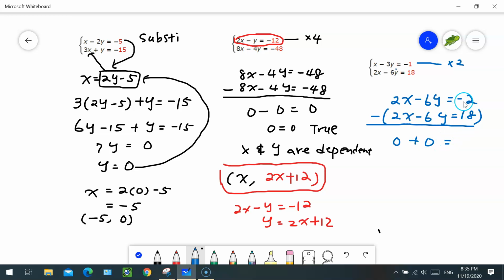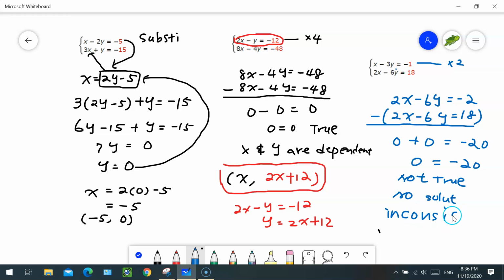Now the right side is negative 2 minus 18, so you have negative 20. Now the result tells us 0 equals negative 20. This is not right, not true. So since this is not true, there is no solution, because they are inconsistent. There's no way you will find the x and y values.